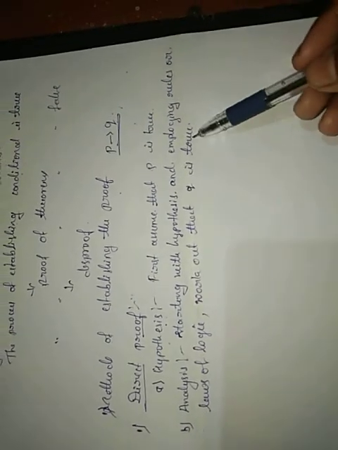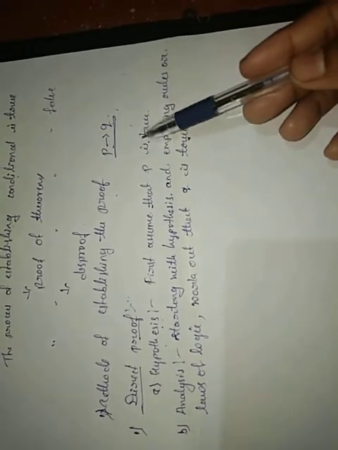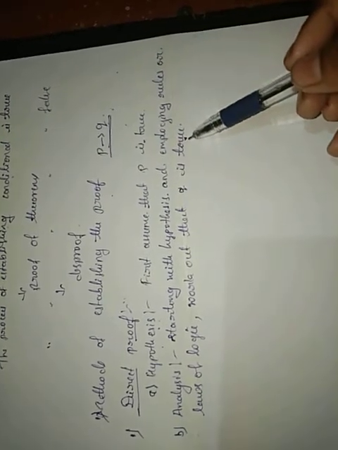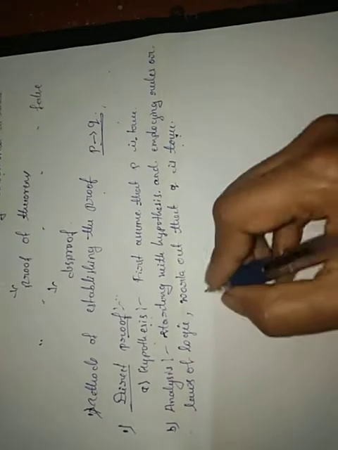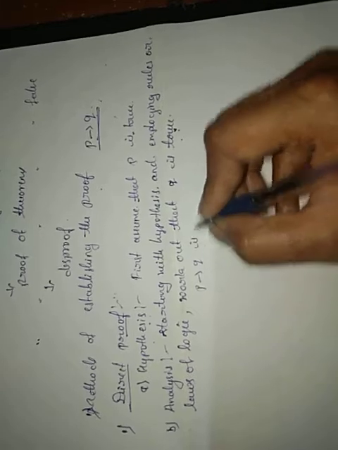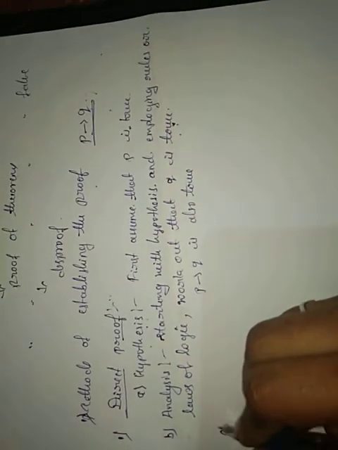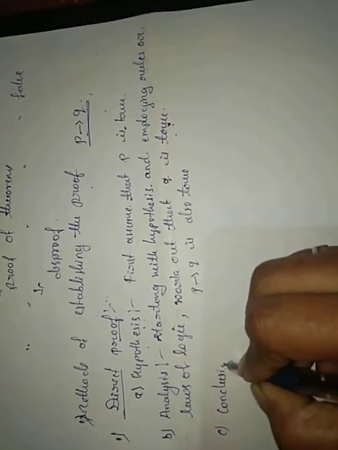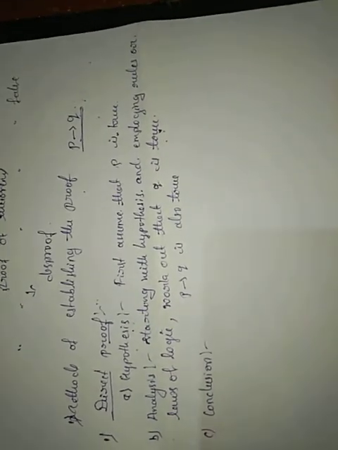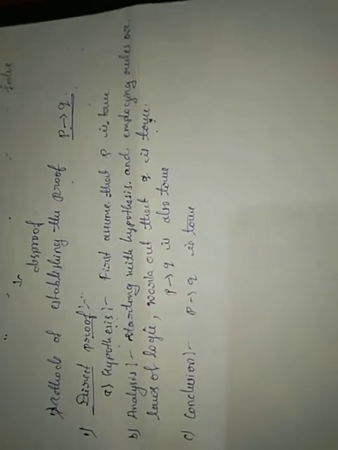Once Q is true, and we assumed P is also true, if P is true, Q is also true. Once we prove that Q is true, then automatically P implies Q is also true. And then we give the conclusion. So our conclusion is P implies Q is true.